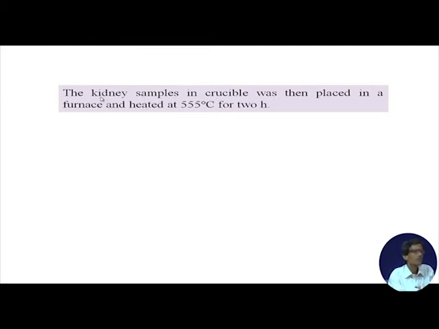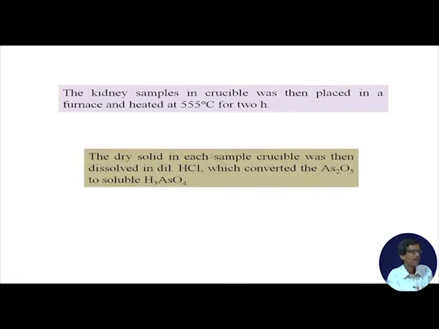Carbon will be oxidized to carbon dioxide, hydrogen will be converted to water, and we will be left with only the arsenic. That arsenic will be converted to its corresponding arsenic oxide, As2O5.